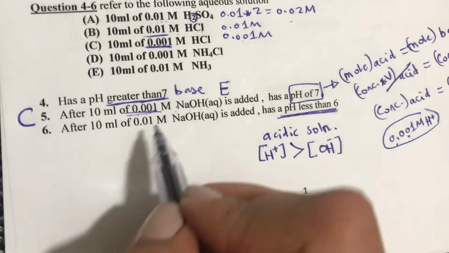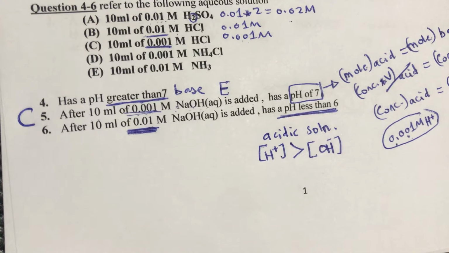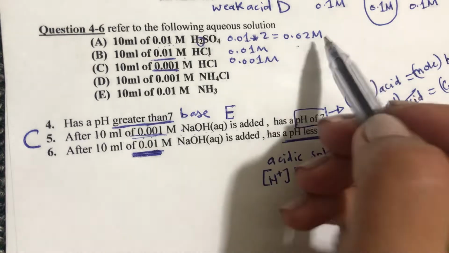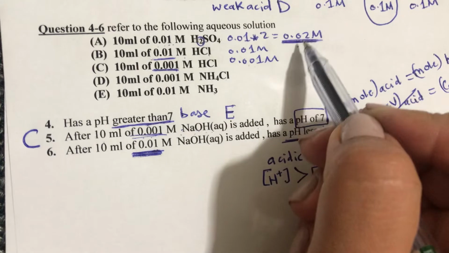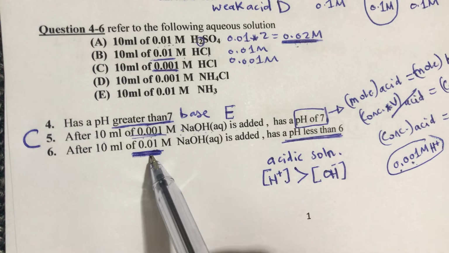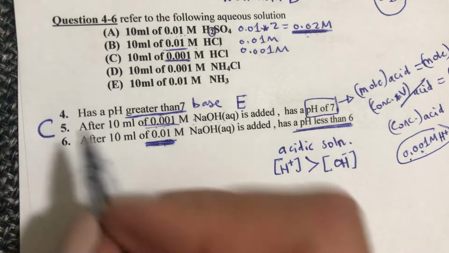So here the concentration of hydroxide is 0.01, so you have to find greater concentration of hydrogen. The first one, the concentration of hydrogen is 0.02, which is greater than the concentration of base, so it's an acidic solution. The answer is A.